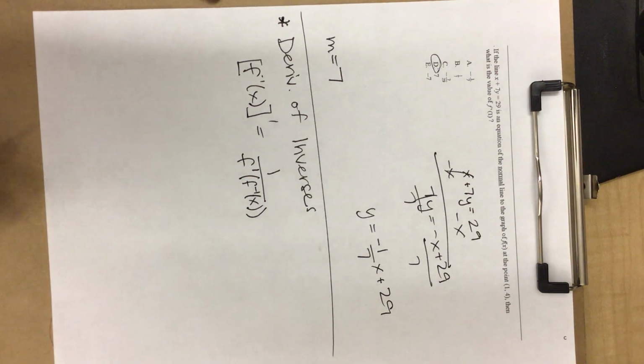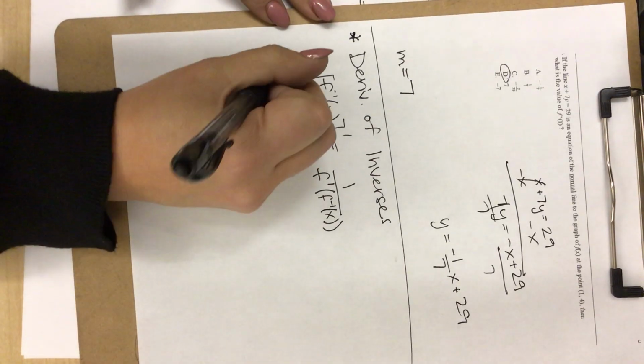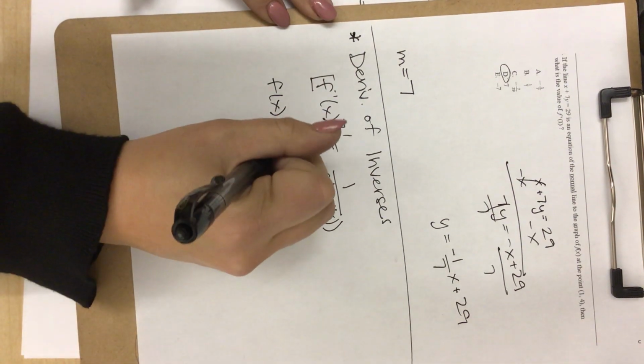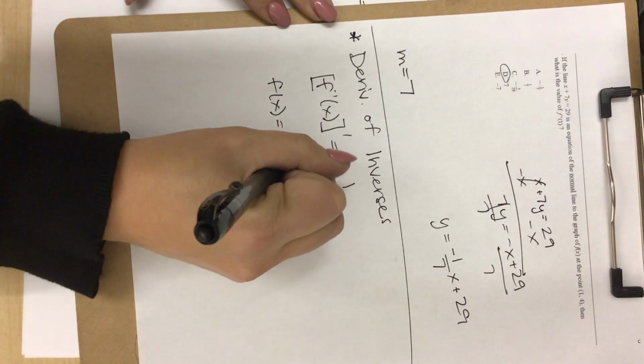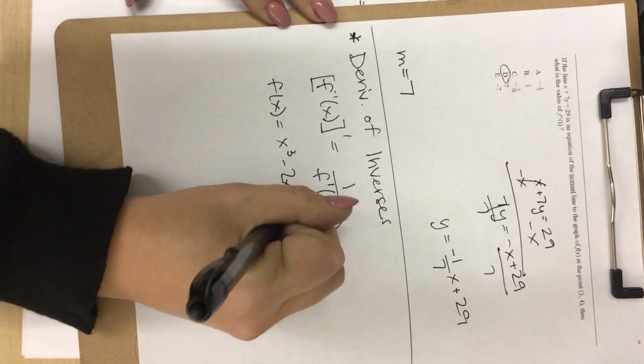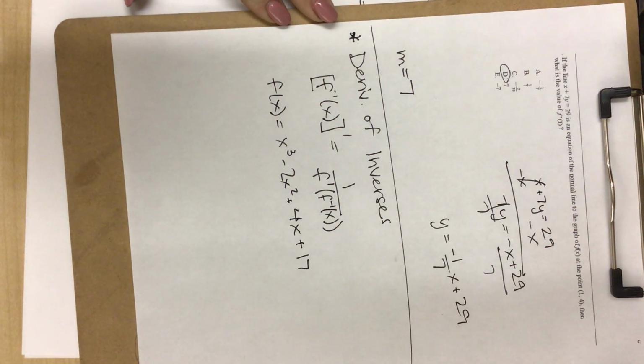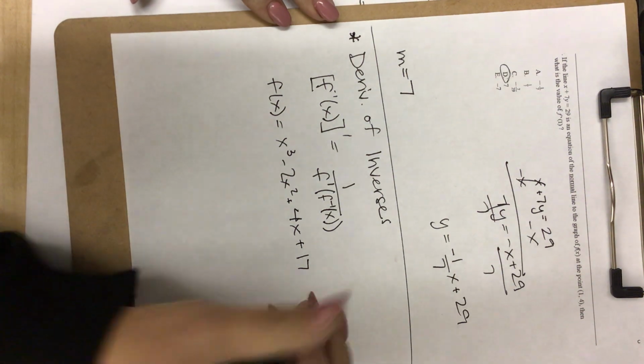Okay, so for instance, a problem like that might look like, let's say f of x equals x cubed minus 2x squared plus 4x plus 17. And this isn't the nicest problem.